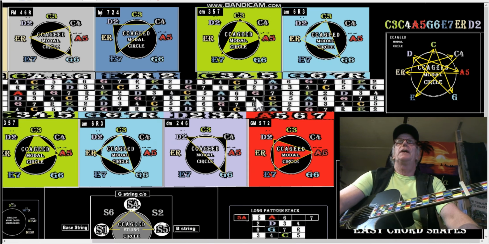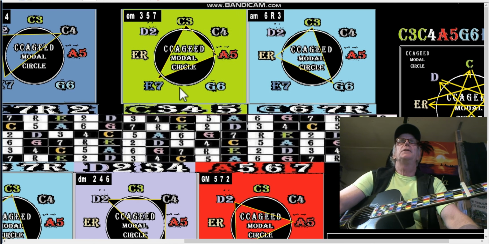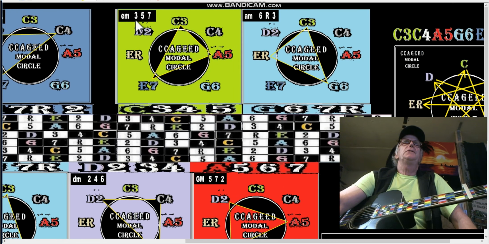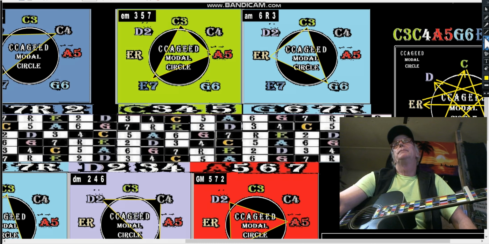Now let's look at that C we're on. Here it is. The magic chord, the easy chord, is 3, 5, 7. Here's our box here. This is the C box, and we're also involved with this green box here.